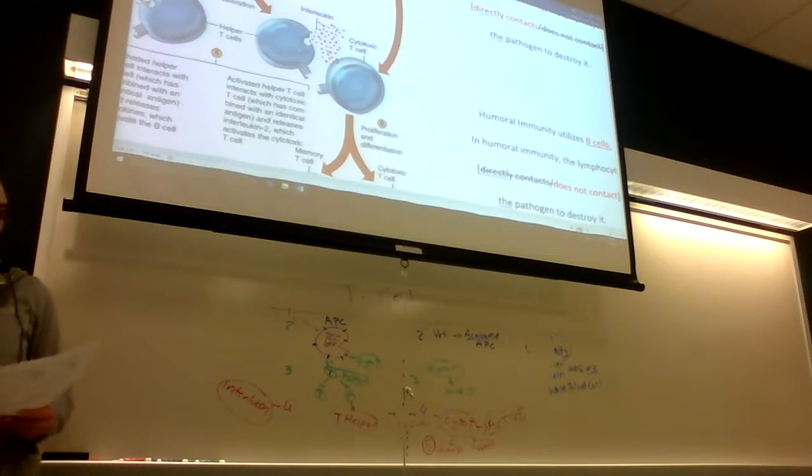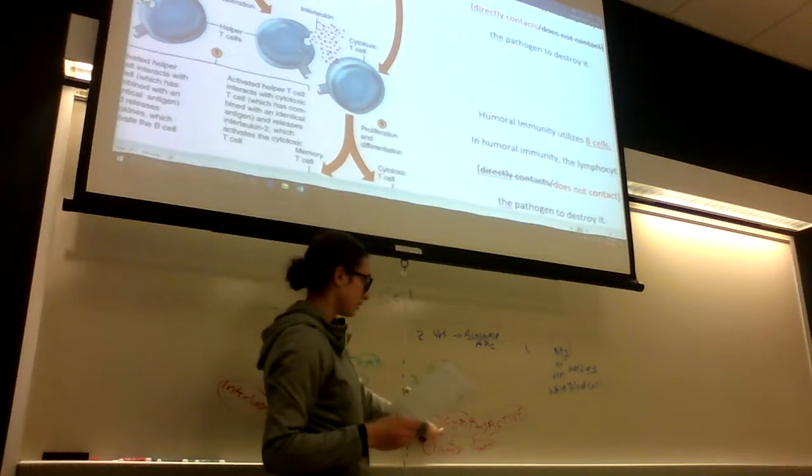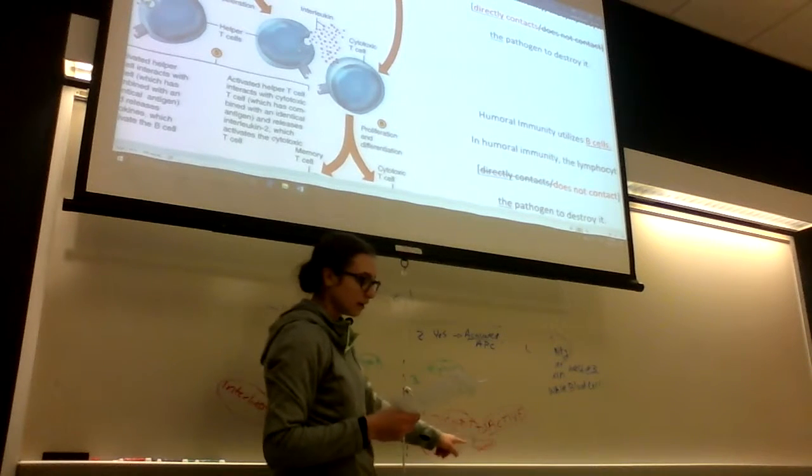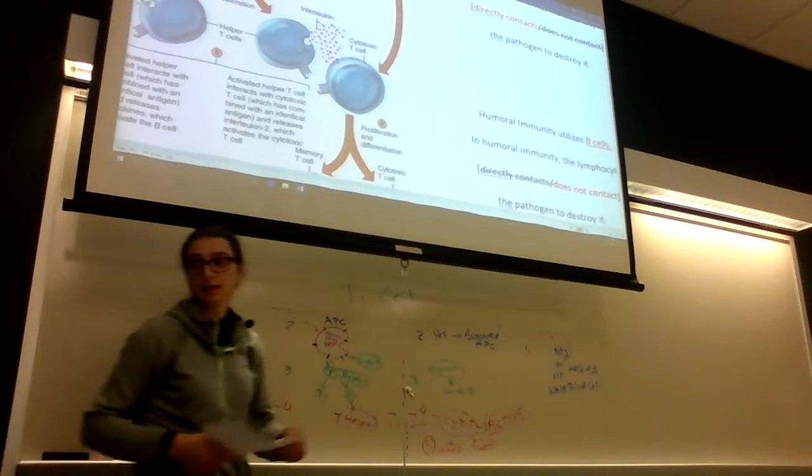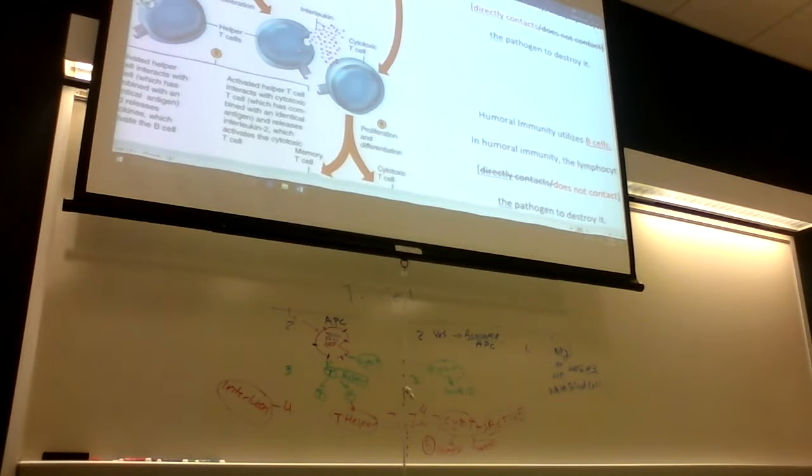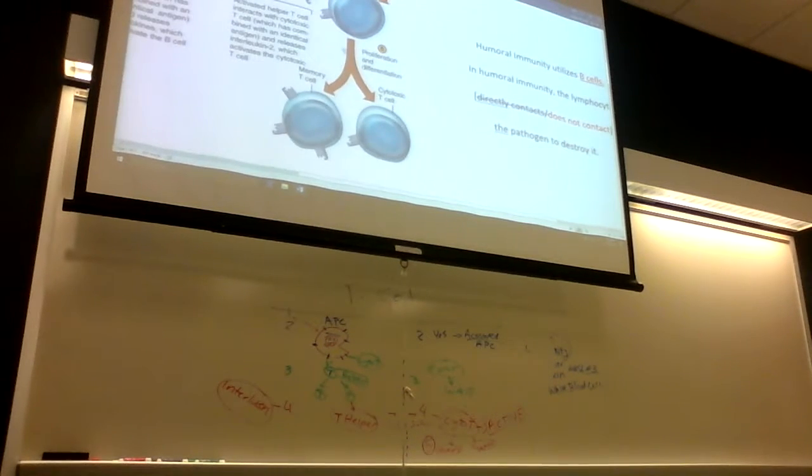So then cytotoxic T will receive it and become activated. Then cytotoxic T will proliferate. It'll split into memory T and cytotoxic T. And this cytotoxic T that was produced right here will then go and attack the danger or the threat.